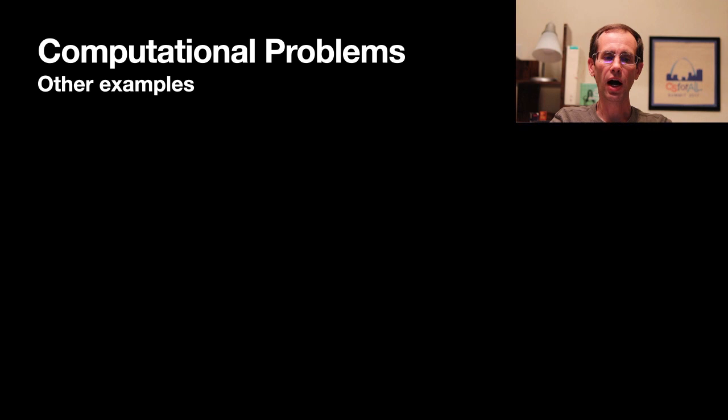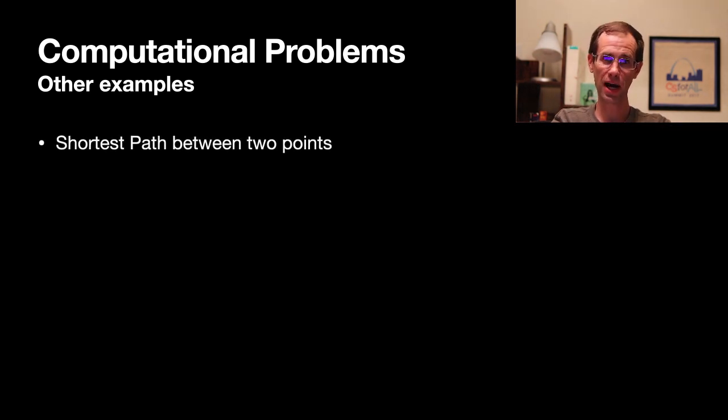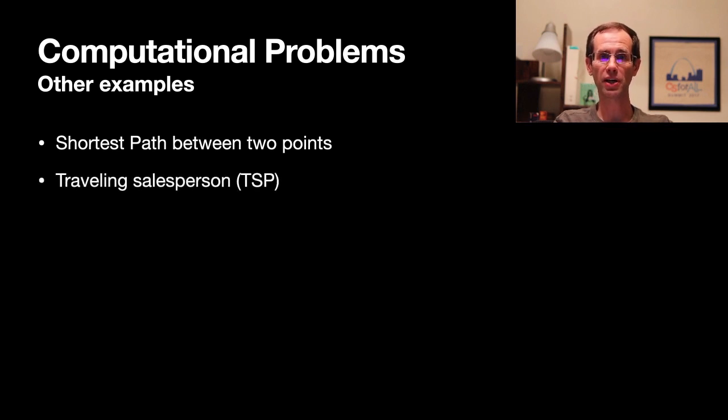Okay. There are lots of other examples of computational problems that are really interesting, and many of them are pervasive in computer science. One of them is the shortest path problem, where you're trying to minimize some concept of distance between two places. Could also be time between two places. Google Maps oftentimes does shortest path sorts of problems. A famous computer science problem is called the traveling salesperson problem. In the traveling salesperson problem, there's a salesperson who's going to travel amongst multiple cities and then return home.